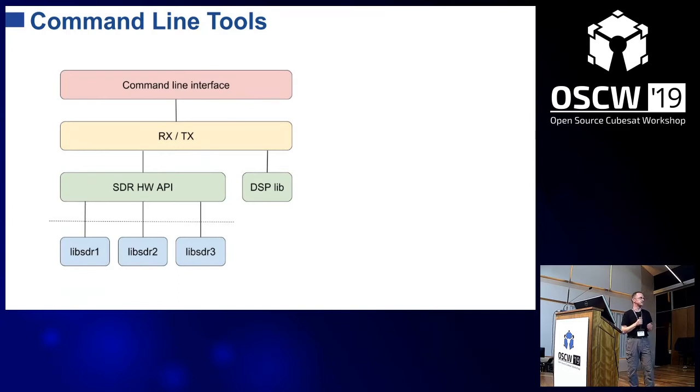It can be done very easily. On the top we have the actual user interface, the high-level application, and below it the receiver and transmitter application, which is just some functions that do what you need to do. And we need a signal processing library and, of course, the hardware interfacing API.